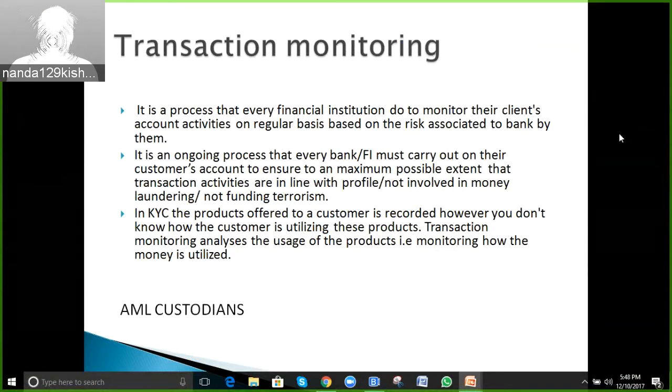In the investigation, we are supposed to write a report. If we see any anomalous or unusual transaction activity in any account, we will escalate it to the next level. In the investigation part there are different stages, that is level 1, level 2, and level 3. This is also specific to the bank.